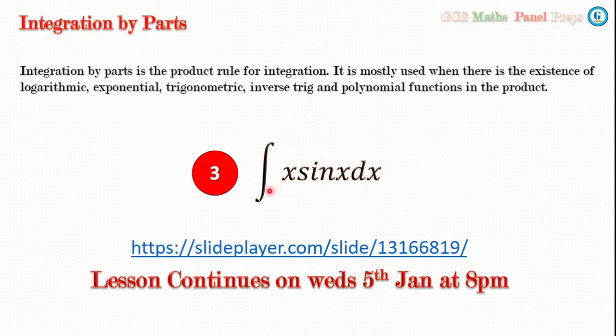Logarithmic, there is none. Inverse trig, there is none. Polynomial, yes. So this should obviously be a u.